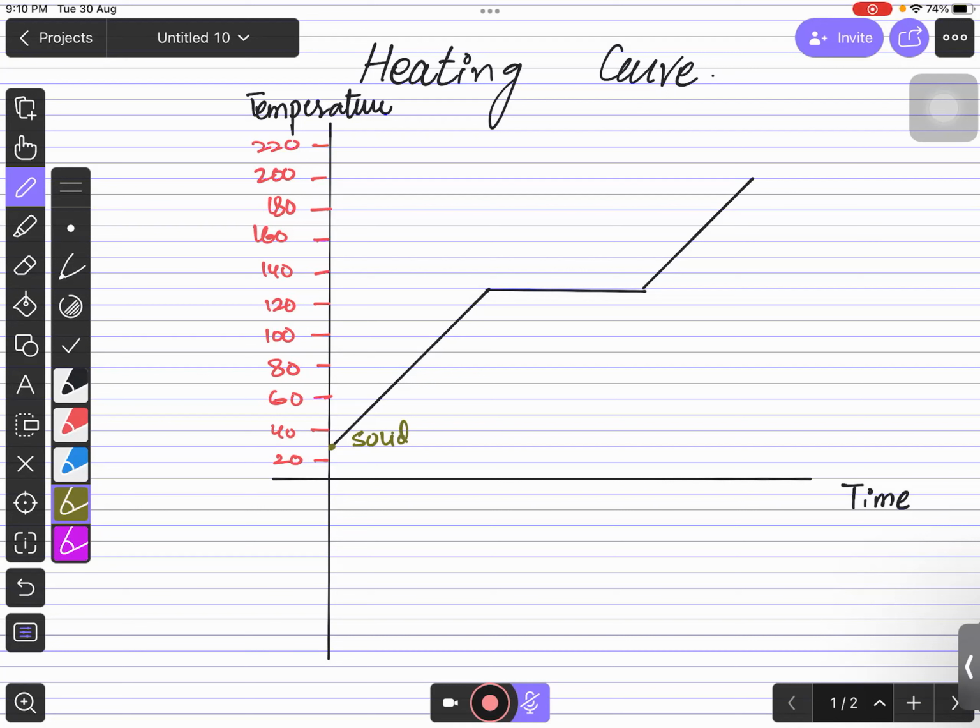For example, if the examiner asks whether it is a solid at room temperature or not, you can simply say yes, it is a solid, because you can see this is 30, and before 30 we have 25, and it is still solid at 25 degrees centigrade. So 25 degrees centigrade is room temperature and pressure, right? And this substance is still solid till 140, I think. And before 140 it is solid. So you can say that this substance we are heating is solid at room temperature and pressure.